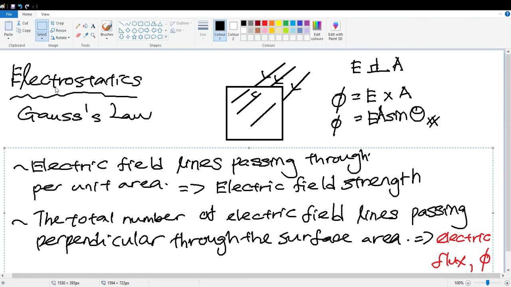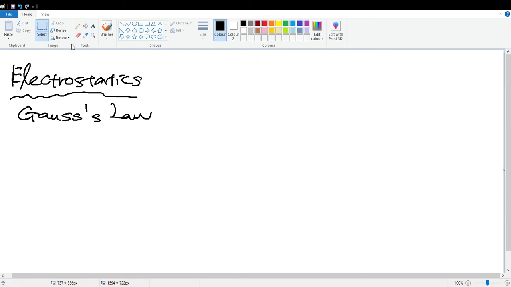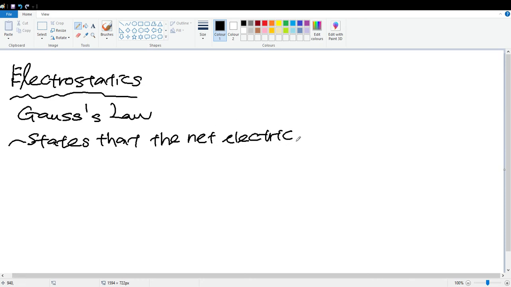Okay, so we're going to explain what is meant by Gauss' law. Gauss' law states that the net electric flux, phi, passing through a closed surface.